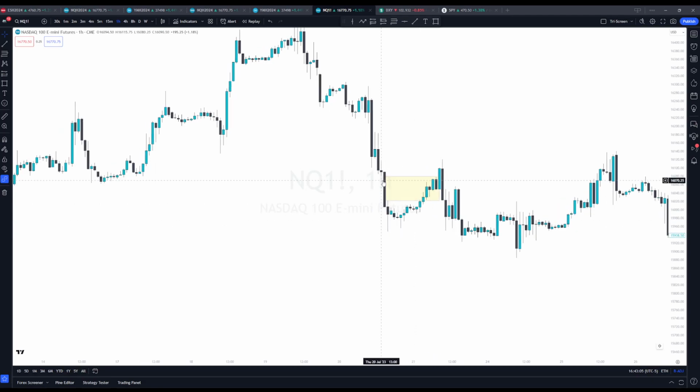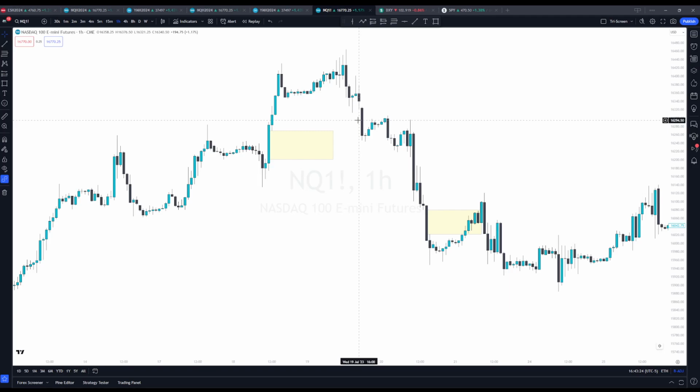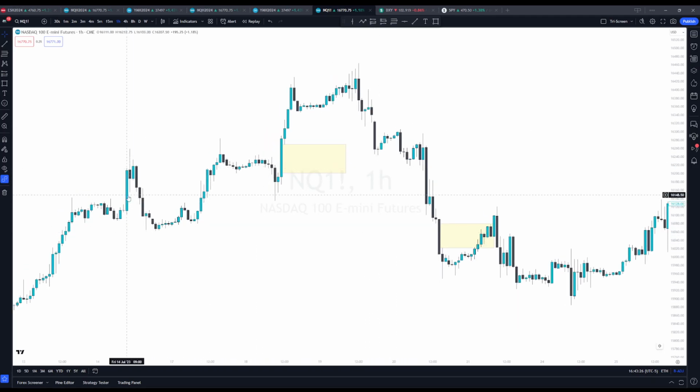Price is showing us displacement, where price is moving so fast that it's showing us where price wants to go. You get this much speed of displacement, especially on an hourly or a 4-hour candle, it's showing you price wants to go up higher. So this would be a good example of a bullish fair value gap. We can use these as, this is like a buy model here, and then you have your sell model here.